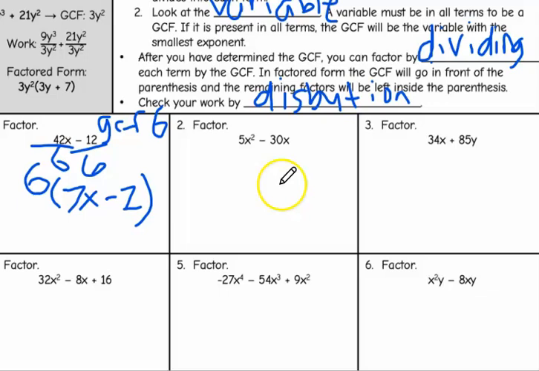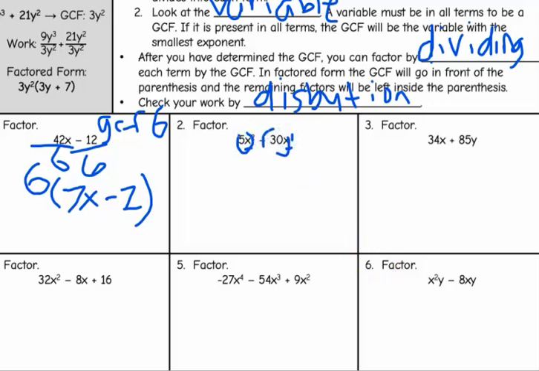All right, so now we're going to do one with the same variable. And remember now, you can only pull out the lowest exponent term. So we're going to put a 1 here, right? If there's no number, you put a 1. So this one, you can factor out an x. So again, start with the numbers. We got 5 and 30.